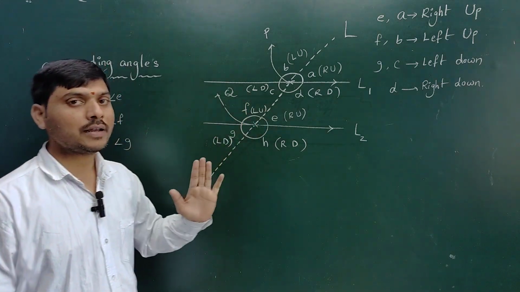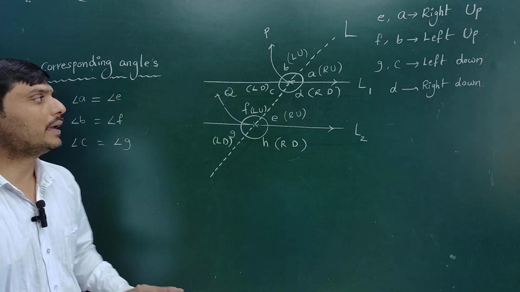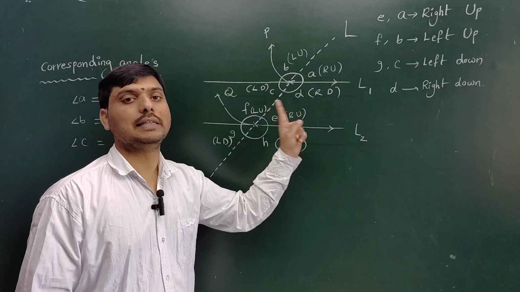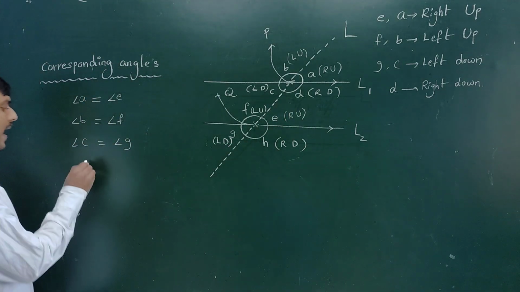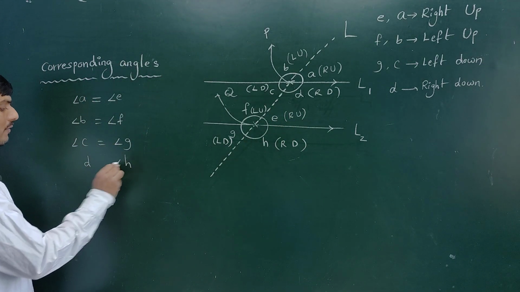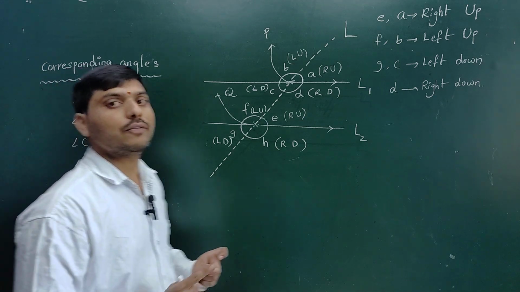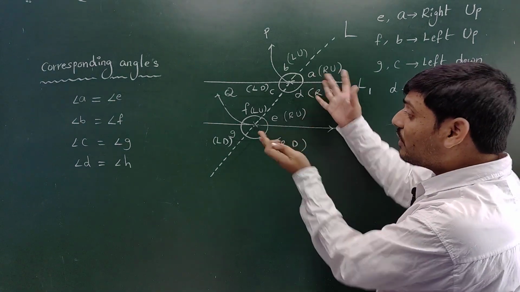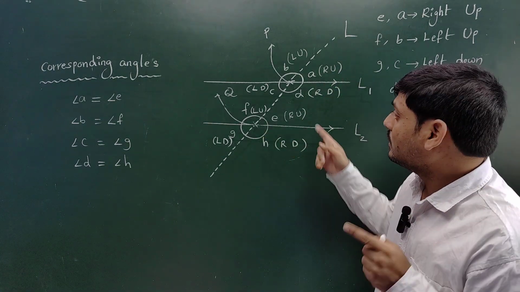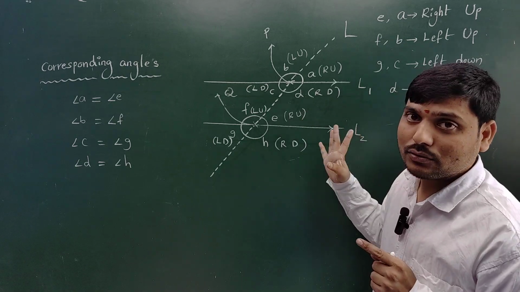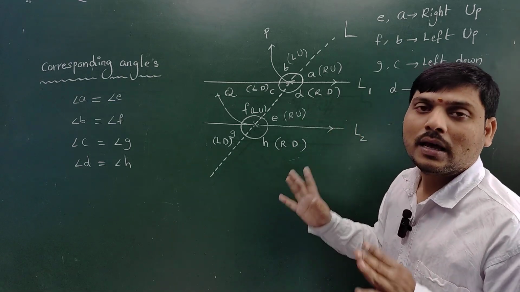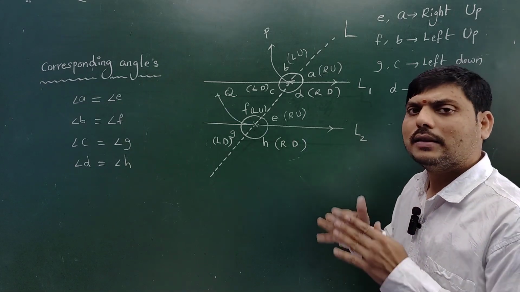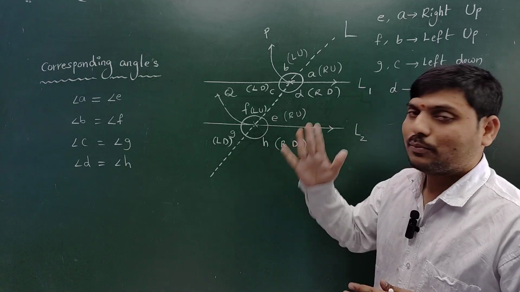Now one more pair at points P and Q: D and H. These are also equal because they have the same position names but at different points. Angle D is right down and angle H is right down. At two distinct points on two different lines, these angles are called corresponding angles.